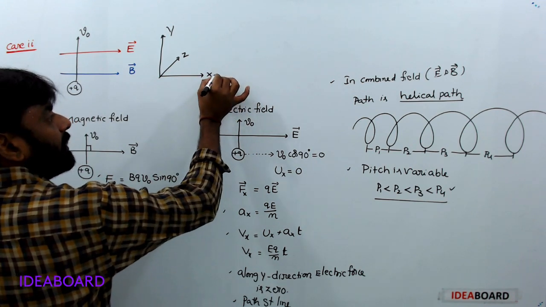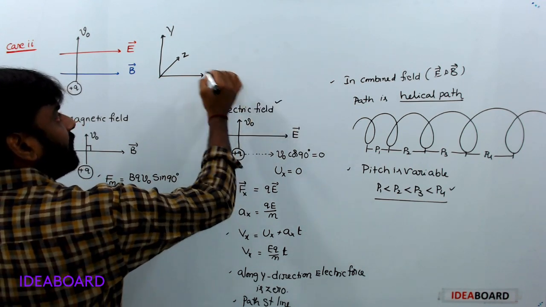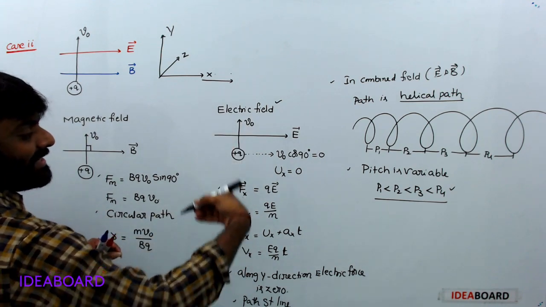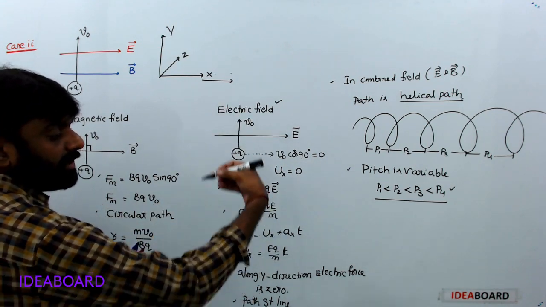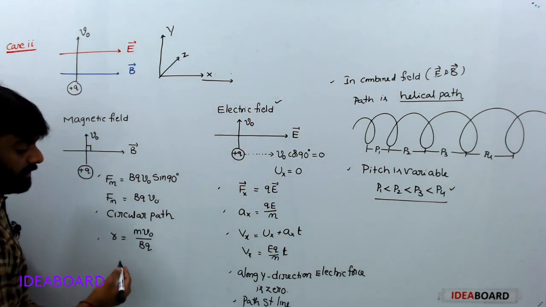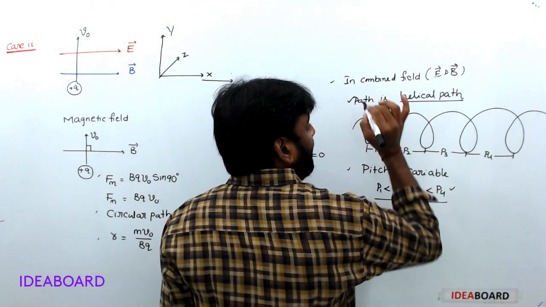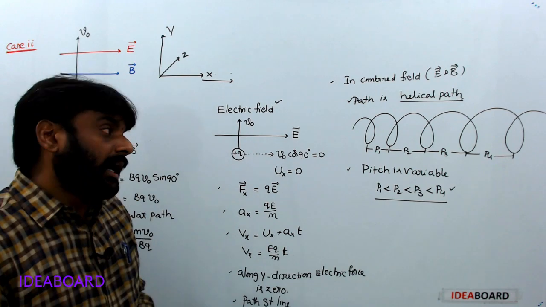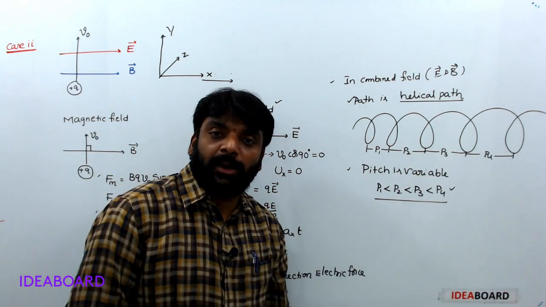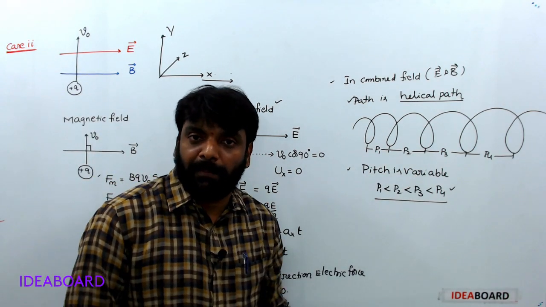It moves along the x-axis due to the electric field and in a circular path in the yz plane. Understood? Okay. So finally, the path is a helical path, and here the pitch is variable.